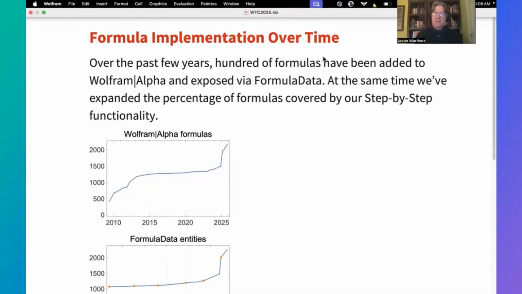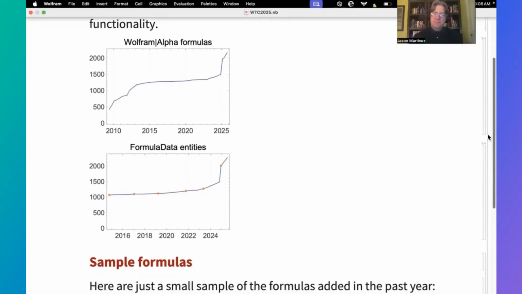We've added hundreds of formulas over the last few years. Here we have a simple plot showing from Alpha's launch to almost current day the number of formulas contained within Wolfram Alpha. And these are the formulas that you see when you have little input fields and can get all the various results in different units and so forth.